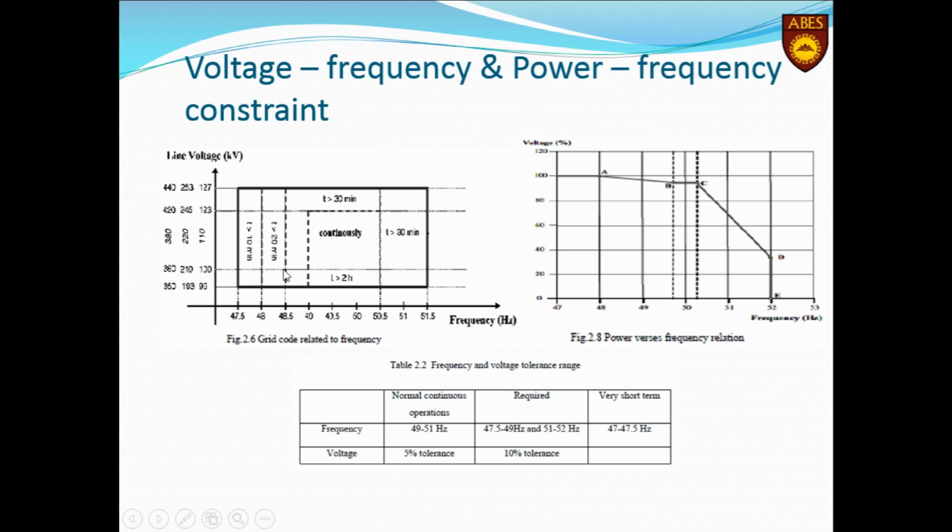For these time constraints, if the system does not restore itself, then we will surely go for tripping and disconnect the wind turbine from the utility.